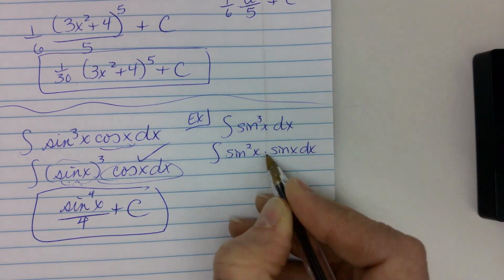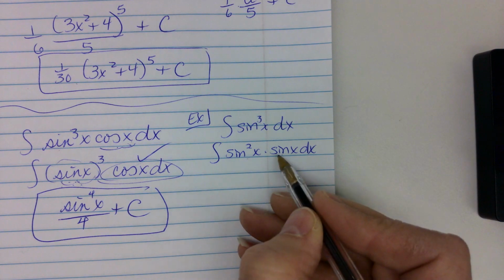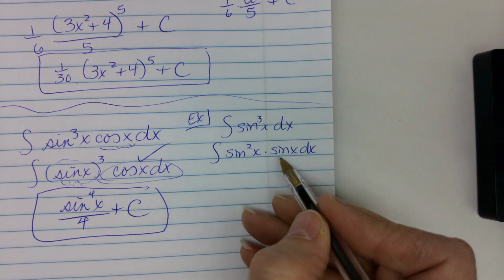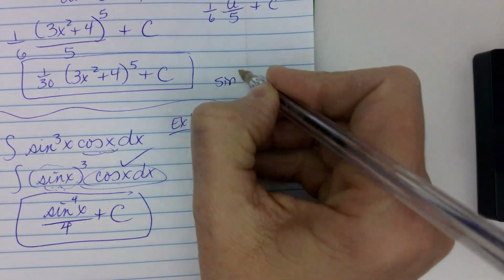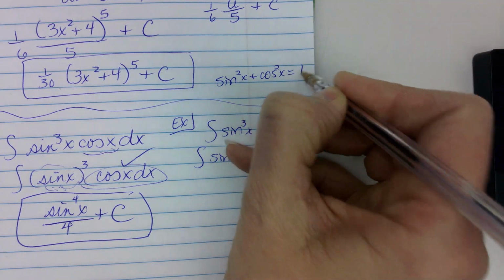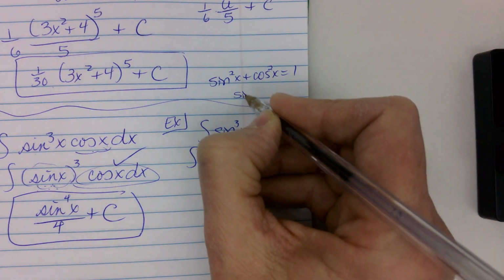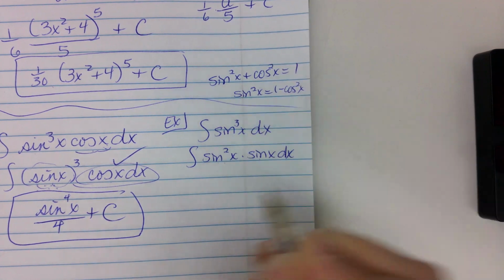And then I could go, wait, now sine of x is not the derivative of sine of x, but negative sine of x is the derivative of what? Cosine. So I could go back to my handy dandy trig identities, right? So the sine squared of x actually equals 1 minus cosine squared x, right? Yes.